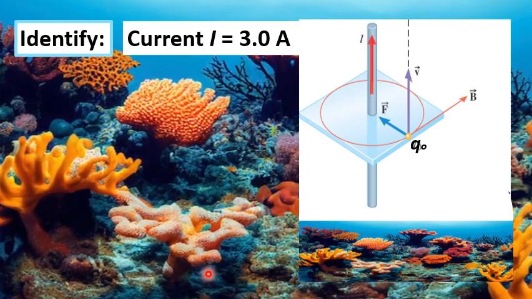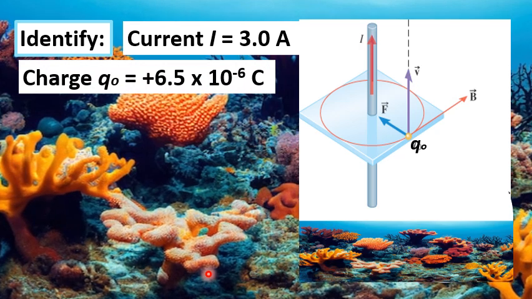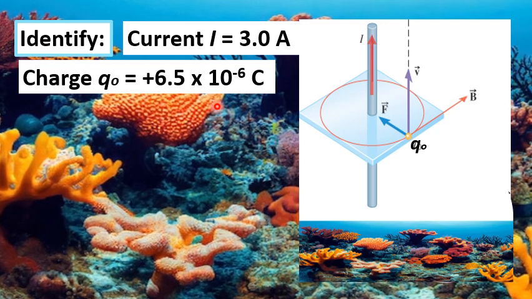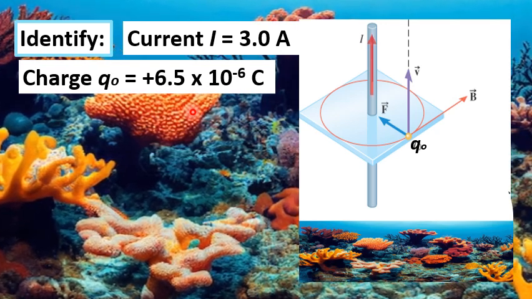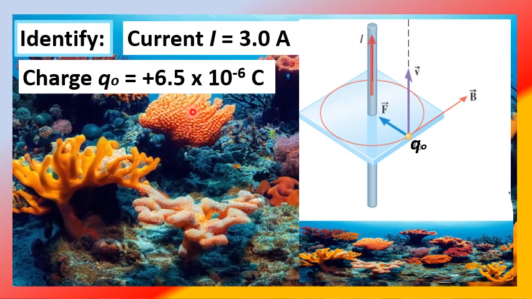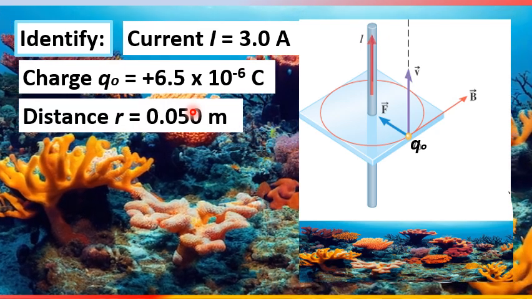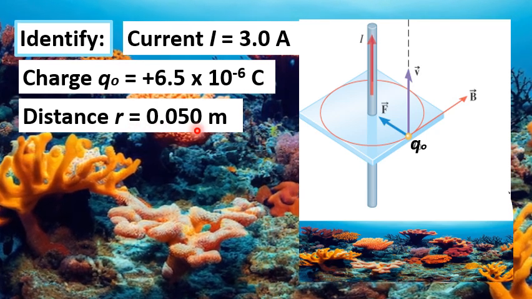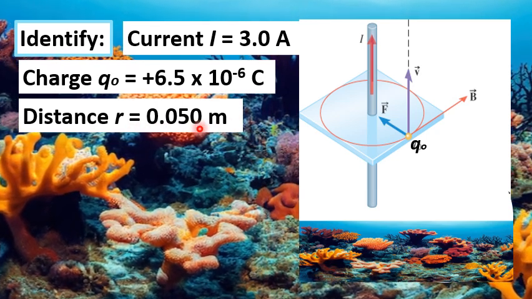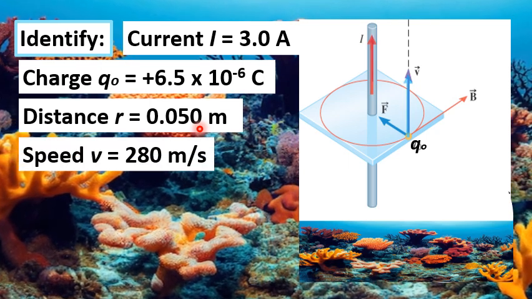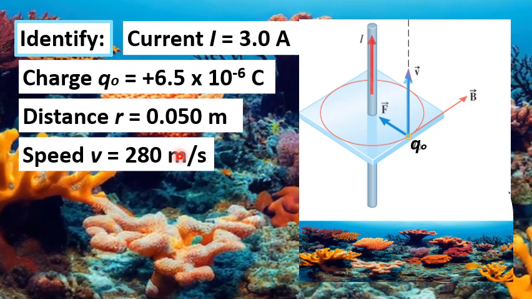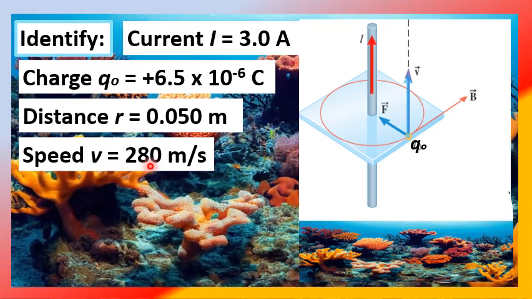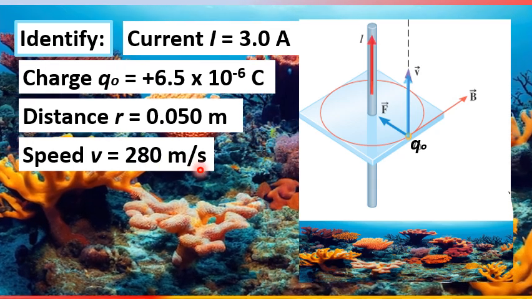The charge Q naught is equal to positive 6.5 times 10 to the negative 6 coulomb, and it is located at distance small letter r equal to 0.050 meters from the wire. Its instantaneous speed, small letter v, is equal to 280 meters per second.